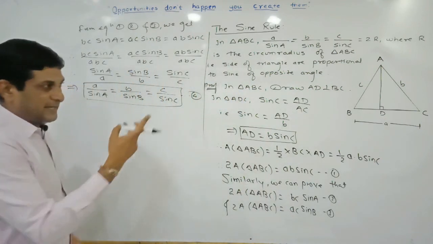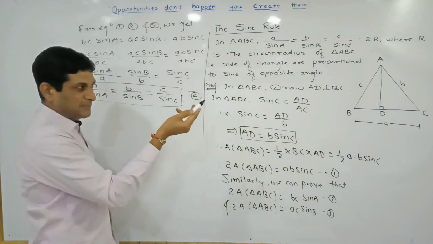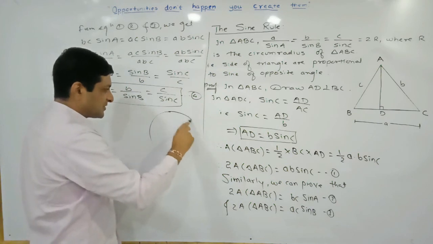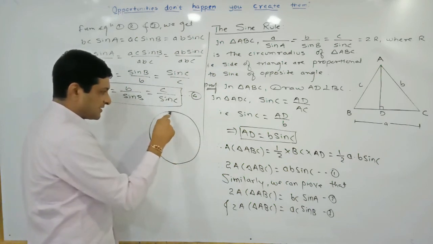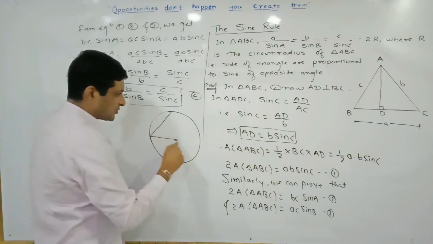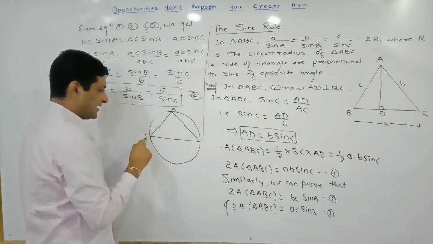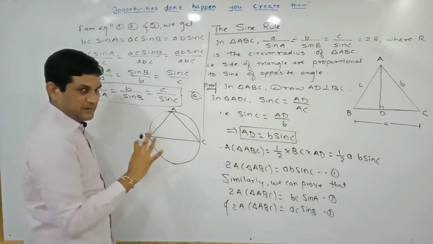Okay, so again I am considering the same triangle here, and let this be the circumcircle of this triangle. We can say that it is a circumcircle if it passes through all the three vertices. So let this be triangle ABC. Here BC is not the diameter, try to understand.